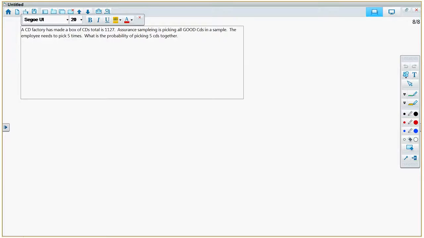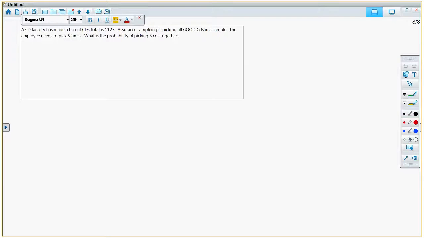In other words, to make this without having to type all this, you got a CD company. They don't make the CDs that have music on them. They make the blank CDs that you record on. All right? They make a big old batch, and there's 1,000 in a box. You, as a quality assurance person, say, I need to check this box before you send it to Walmart or Target or whatever.